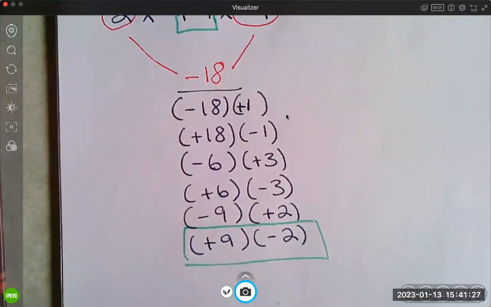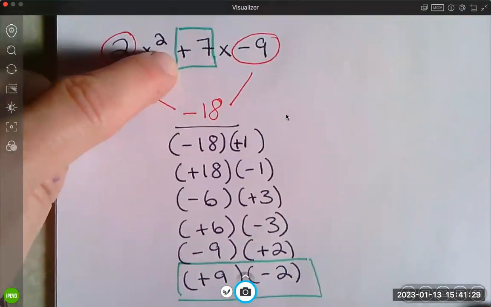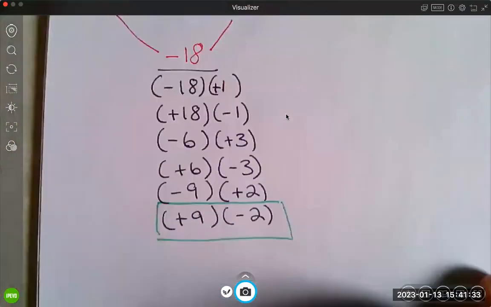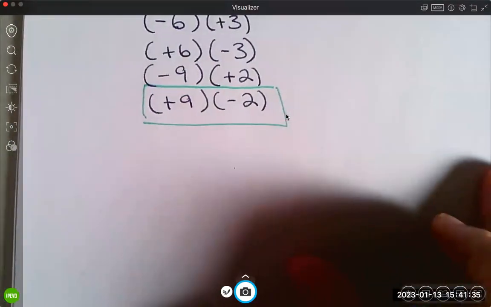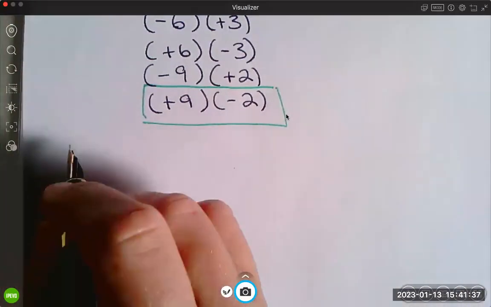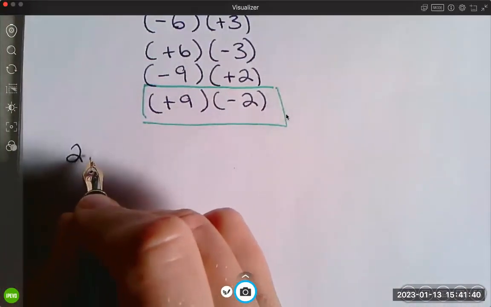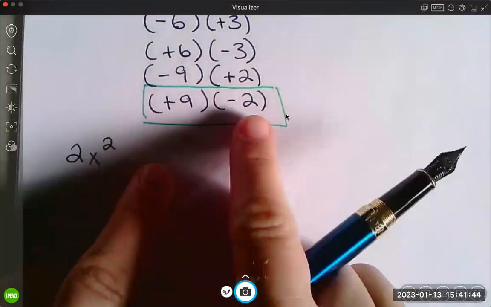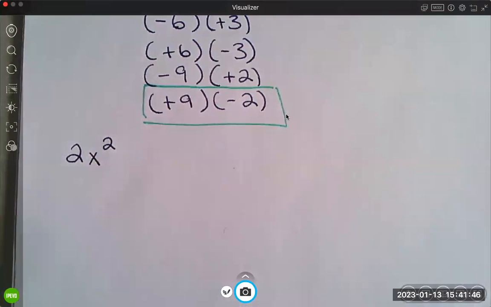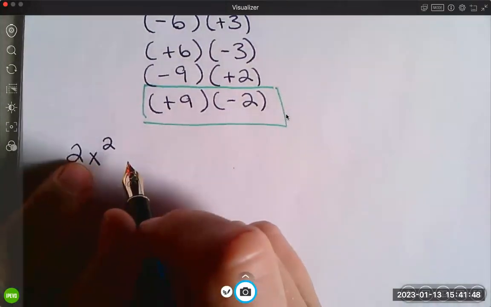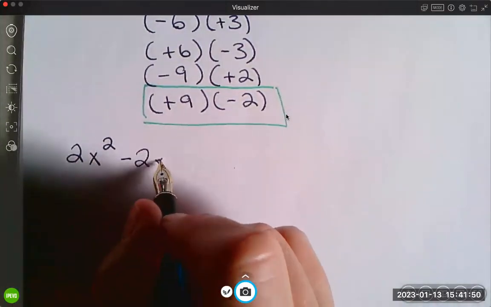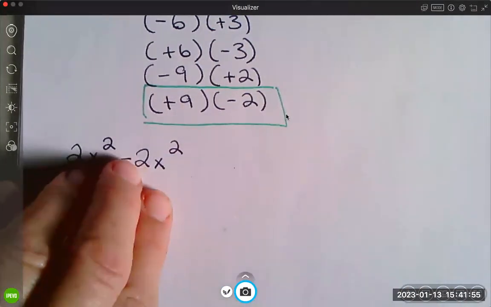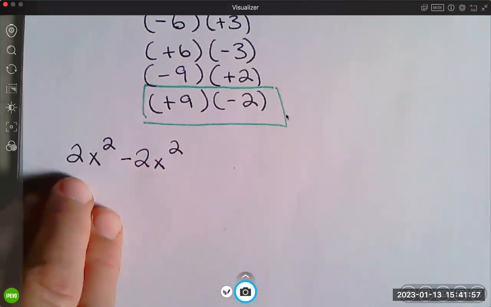Okay, so we're going to take this plus 7x, and we're actually going to split it into 2 separate terms using +9 and -2. So we rewrite it 2x squared, and I'm actually going to put that -2x with that 2x squared, because you want to be able to factor this part of the trinomial.